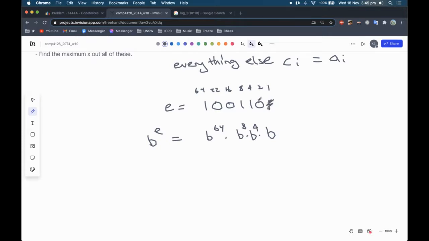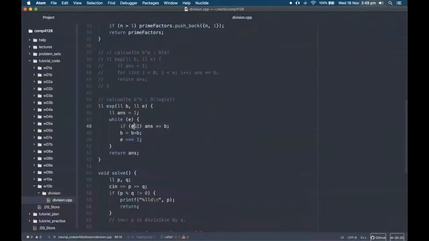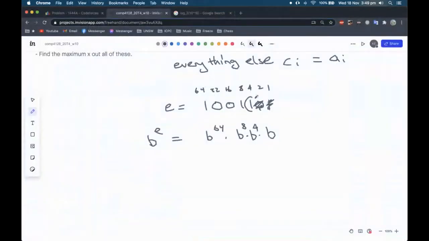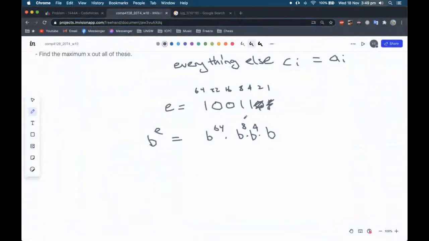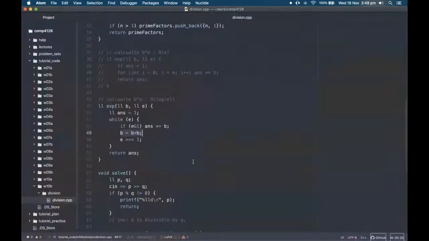Otherwise, if e is not 0, we look at the last bit of e, that's the and 1 over here. If e and 1, which means the last bit is set, then we multiply our answer by b. And each time we square b as well. That's what gives us this b to the 4, b to the 8, and then b to the 64 here. So that's the intuition behind fast exponentiation.